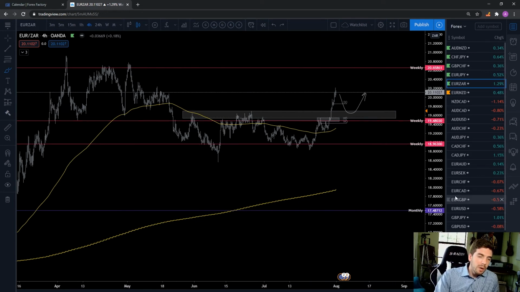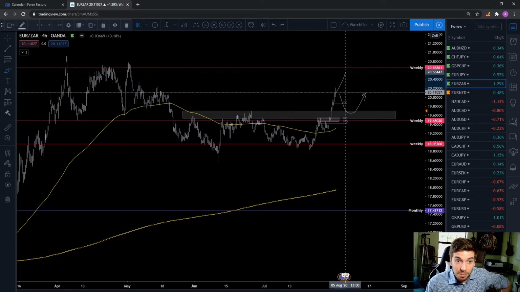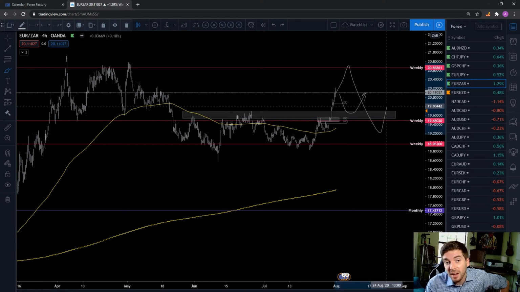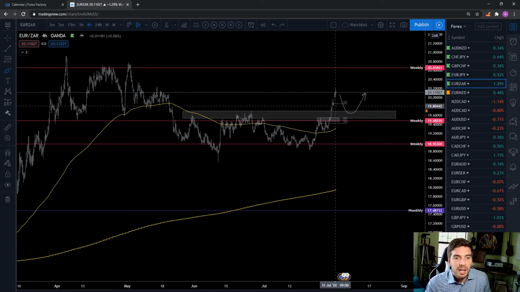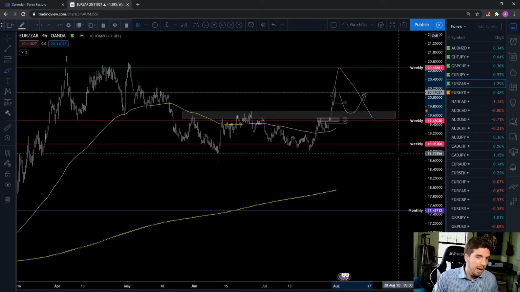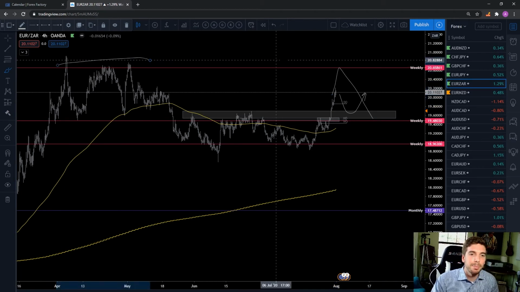So what I won't do, and this is super key, is this: if the market moves all the way up here and then comes all the way back down there, and I drew it too far, but if it moves all the way to the highs and then comes and retests the lows, no hablo. I am not taking that trade, because now you've got some type of double top potential.